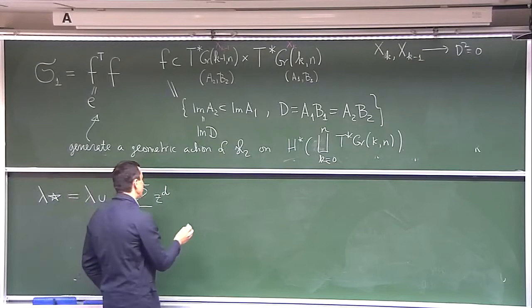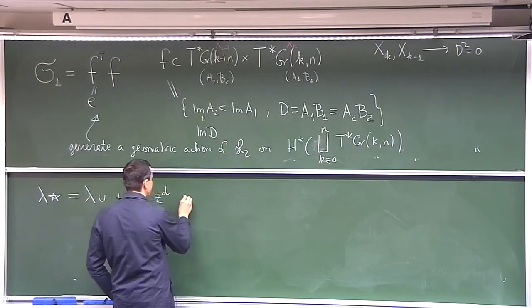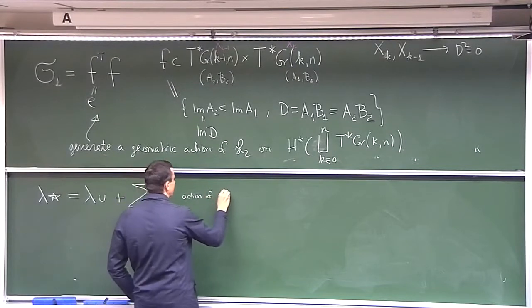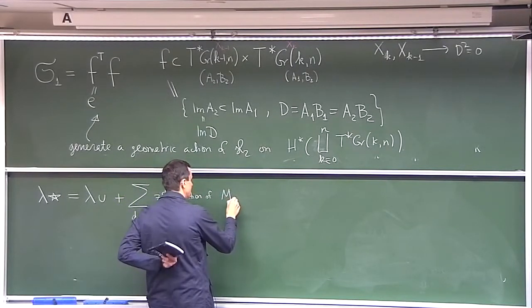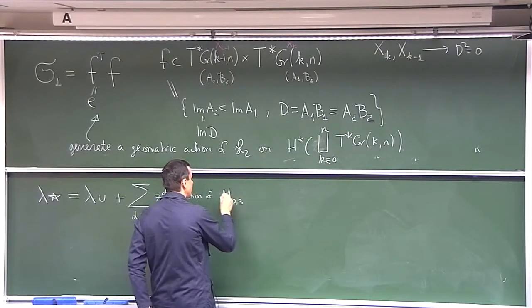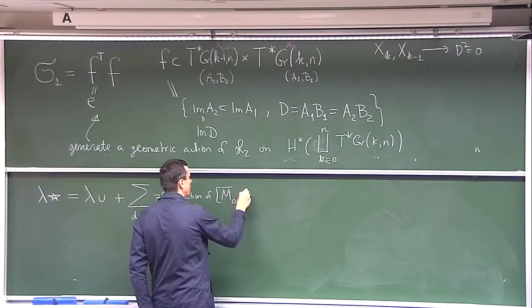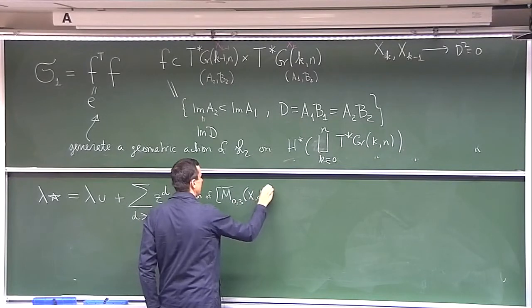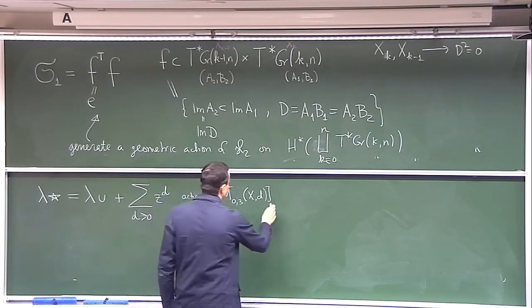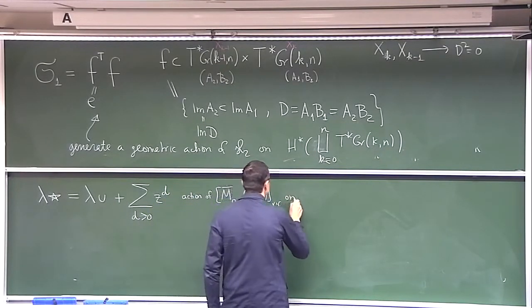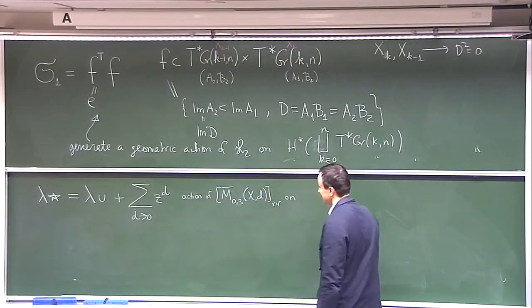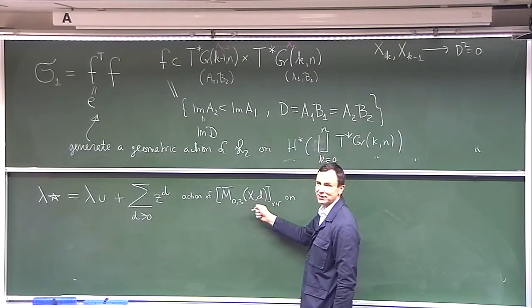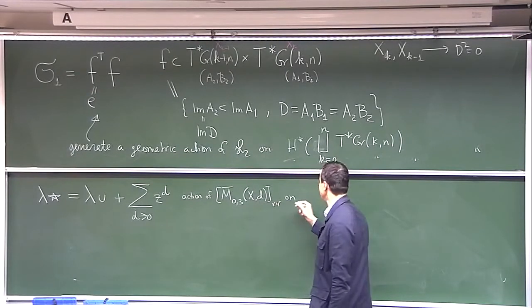And then we define an operator, so then we take the action of M 0,3 bar, R X D, virtual. Sorry, this is a mixture of formulas and English words, since I don't think I defined the notion of this correspondence.